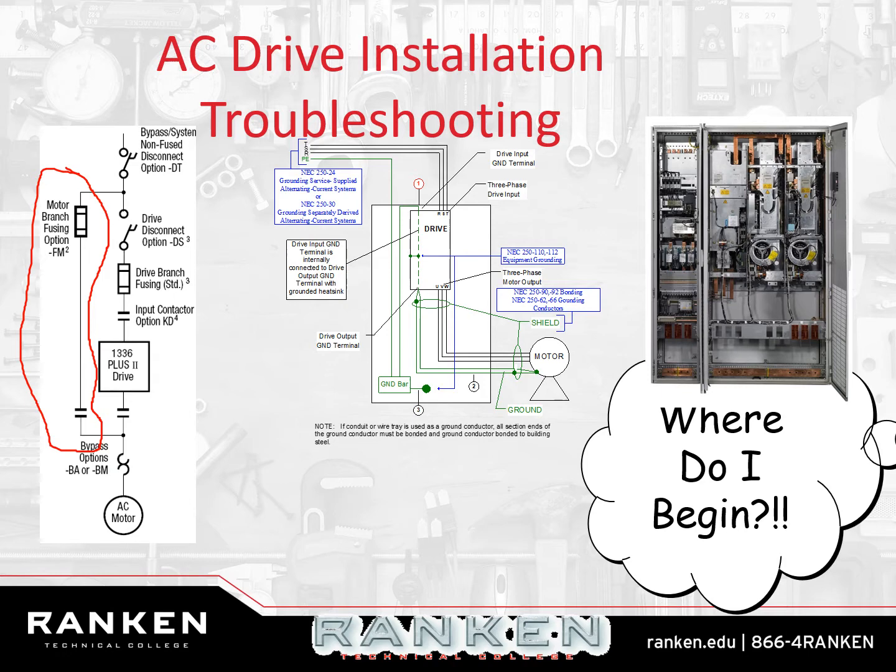So, for instance, if the drive goes bad, we might be able to just turn that motor on and run it for emergency purposes, or we can run it on the bypass just to see if it's the motor, to isolate whether it's the motor or the drive that's giving us trouble. That's the way you would eliminate it or troubleshoot it.